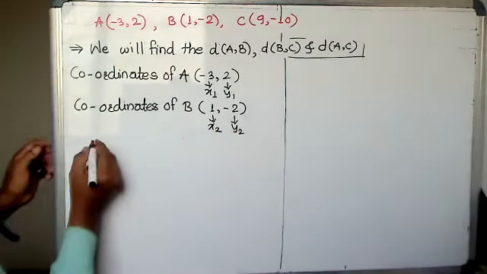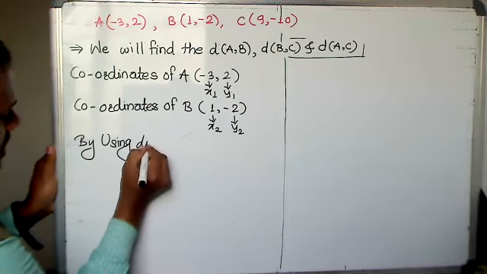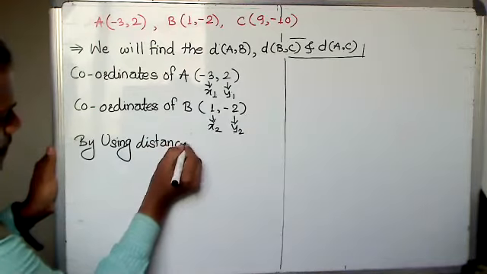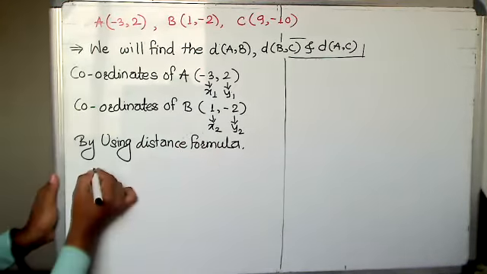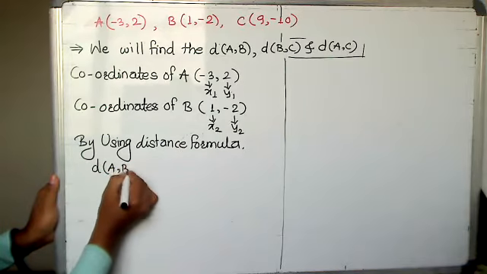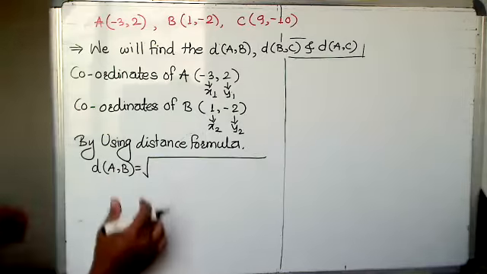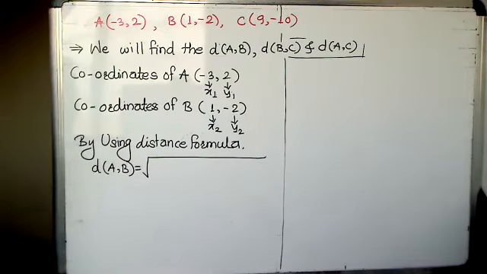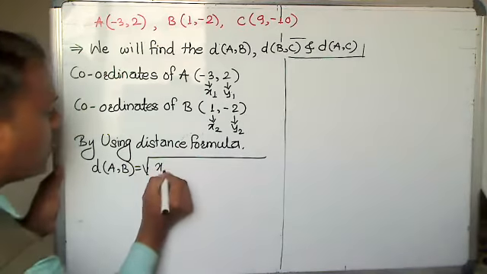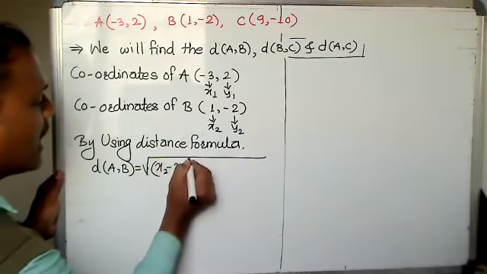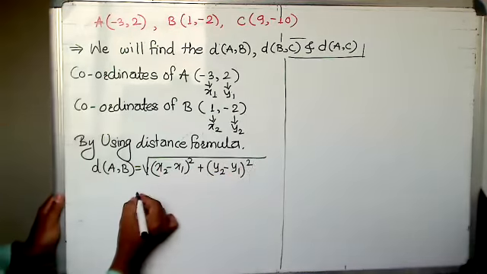Now, by using the distance formula, distance AB can be calculated with the help of this formula. This formula carries half mark. This formula alone can give you half mark. So square root of (x2 minus x1) whole square plus (y2 minus y1) whole square.